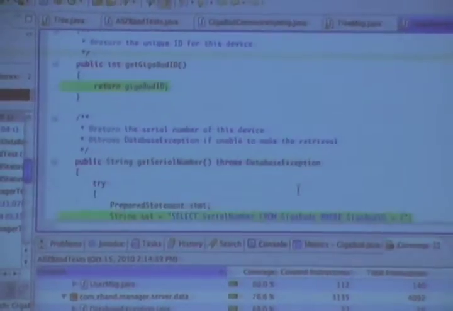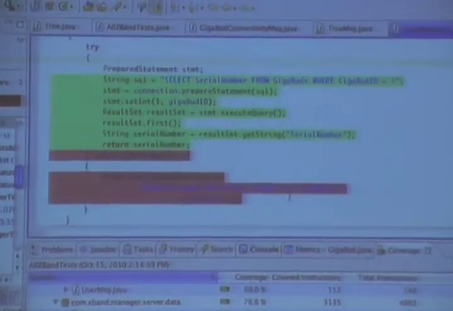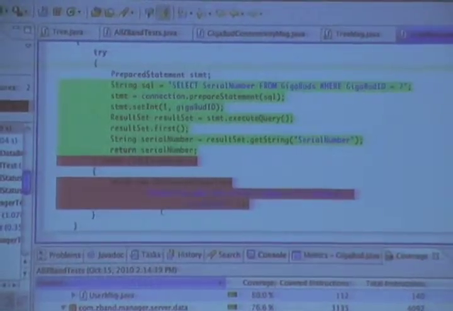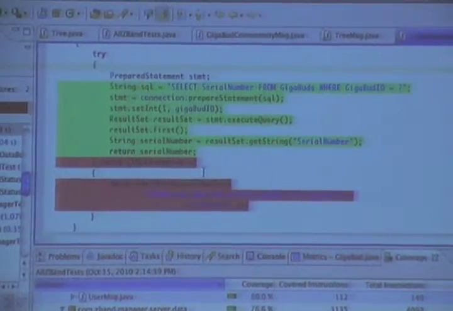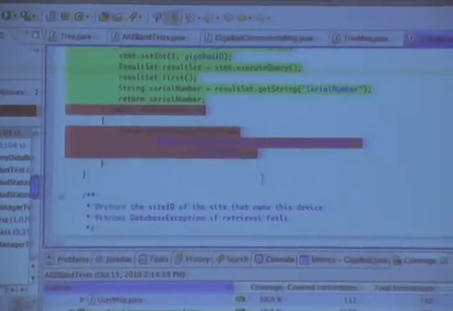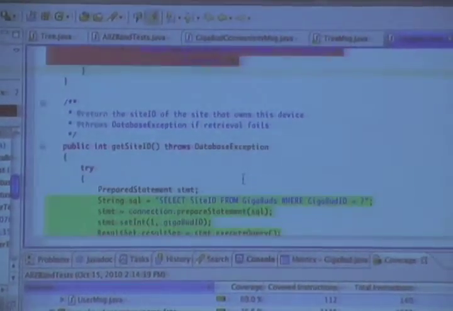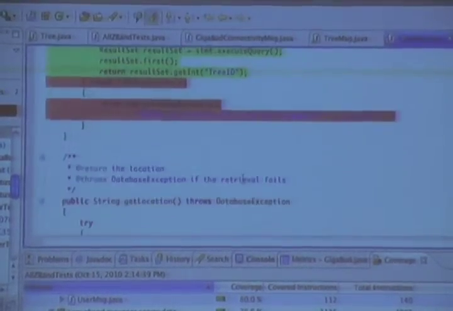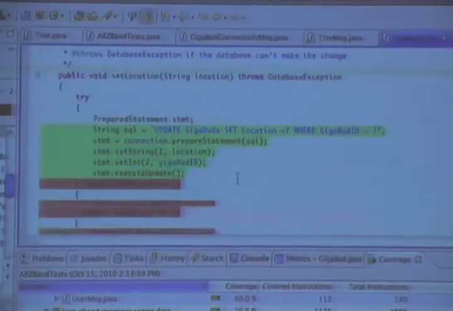Another database exception. The SQL exceptions are hard to force to happen because the database is there and working nicely. So the normal JUnit tests aren't going to cause those to happen. And it looks like most of what we're missing is the database exceptions.